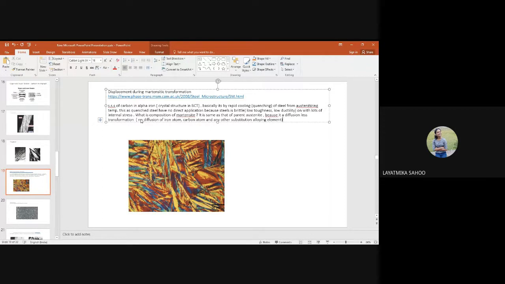So can you figure out what is the difference between pearlite transformation and martensitic transformation? What is the main difference? Diffusion of carbon and iron atoms. Very good. Tell it clearly, Pranav. Diffusion of carbon and iron atoms, and if other alloying elements are there. Yes. So that is why pearlite transformation is a completely diffusion-based transformation, whereas martensitic transformation is diffusionless.